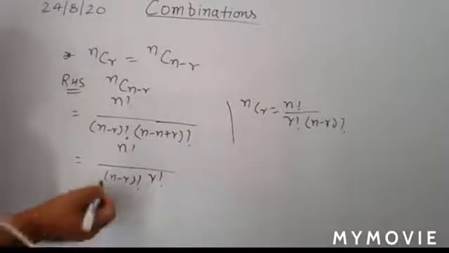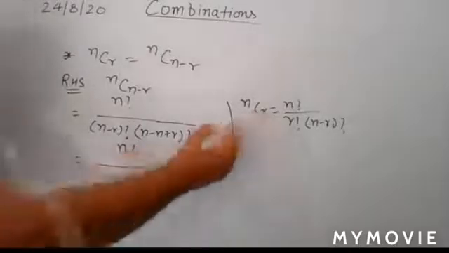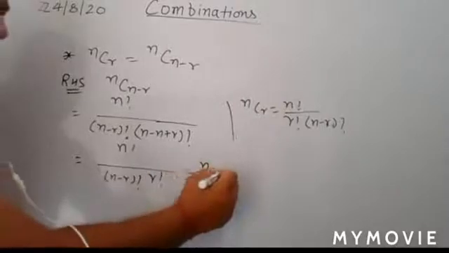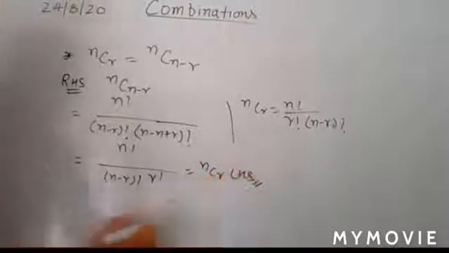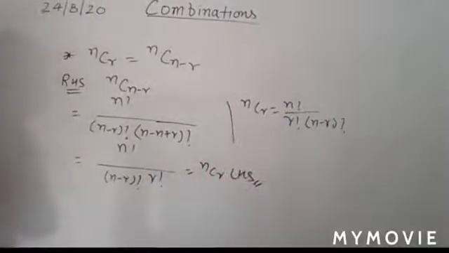What is that? You know this formula. This is nCr, which is equal to your left hand side. Note it. So nCr can be written as nC(n minus r).